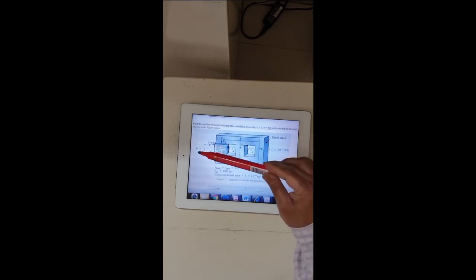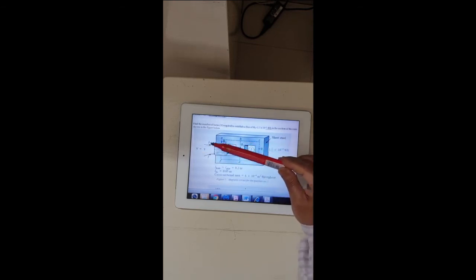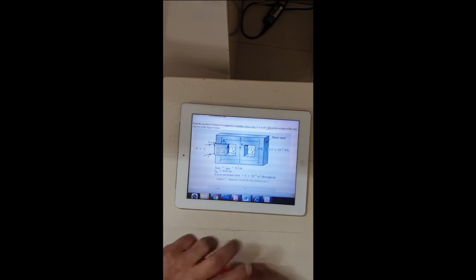We have to find the number of turns that, due to this current, produces this flux.